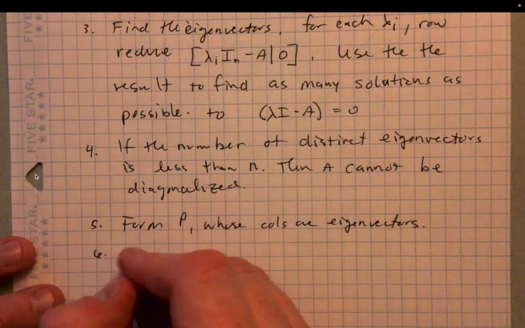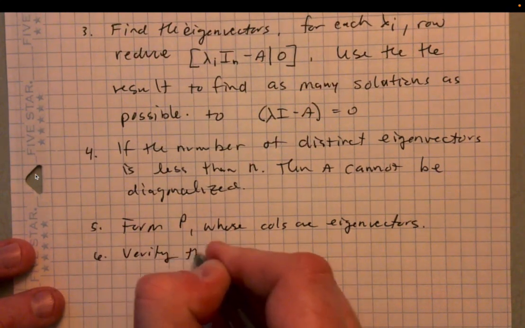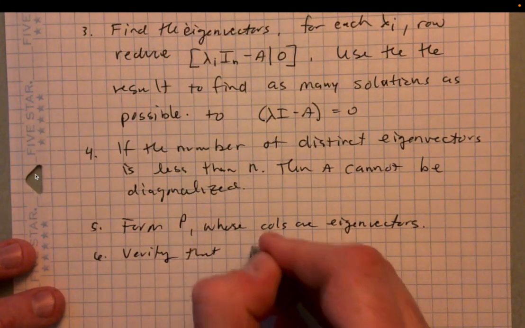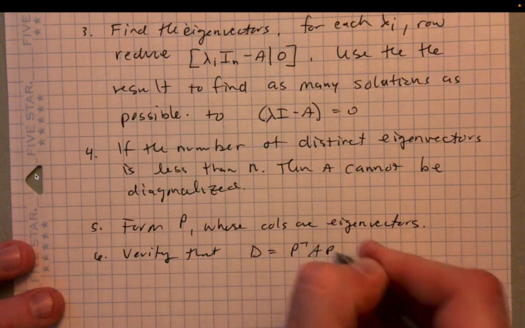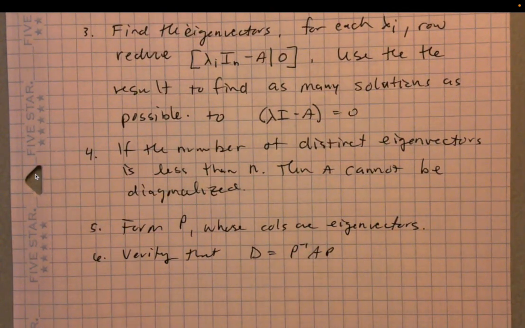At that point, you're done. So verify that D is equal to P inverse AP. Basically, you've got P inverse, you've got A, multiply them together, you get D, which should be the diagonal matrix that you're seeking, which should consist of a diagonal matrix with eigenvalues on the main diagonal.